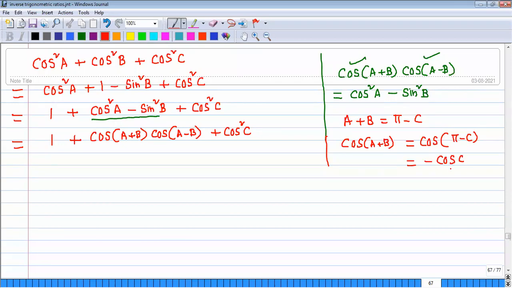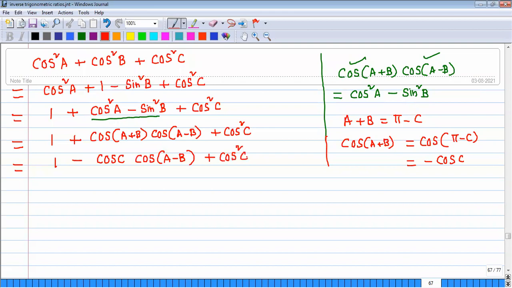Minus cos C. Or cos C is equal to minus cos of A plus B. No problem. Later we can check it. So 1, instead of cos of A plus B, minus cos C multiplied with the cos of A minus B plus cos square C. Now tell me, what shall we do next step?